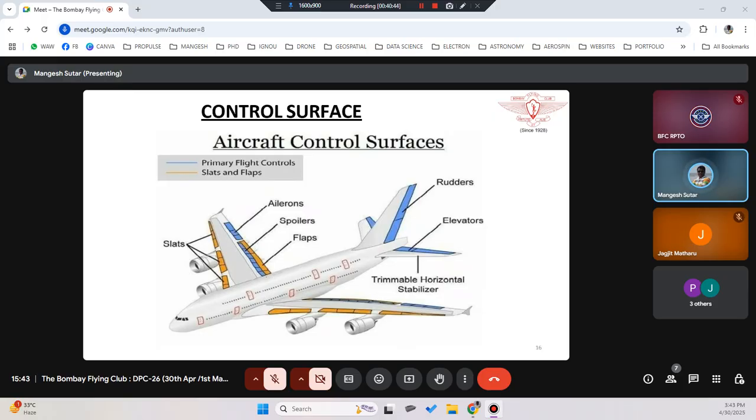Where maneuvers are required, you can't fly a commercial or civil aeroplane like that. You always have to have a steady flight because there are hundreds of passengers in that aeroplane, so you can't have turbulent flying. Whereas jet aeroplanes used for fighting or warfare have only one or two people, who are trained for those kinds of maneuvers and operations.